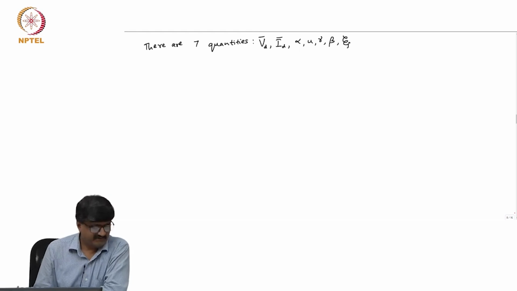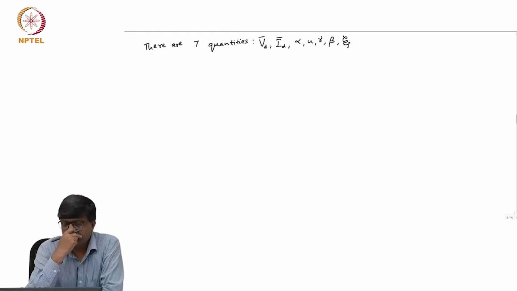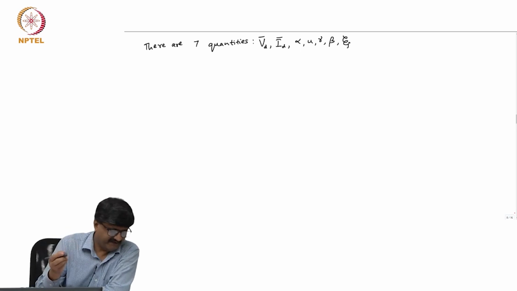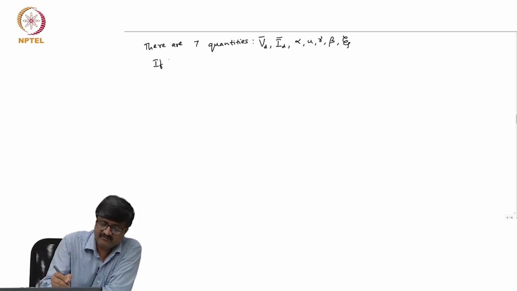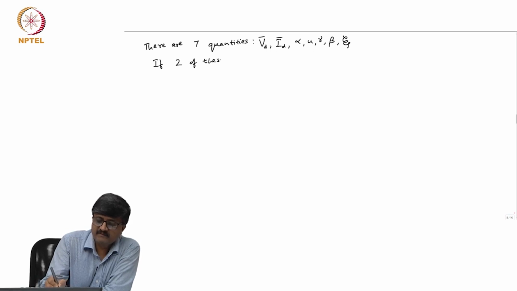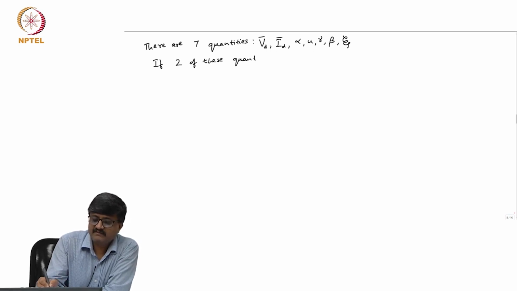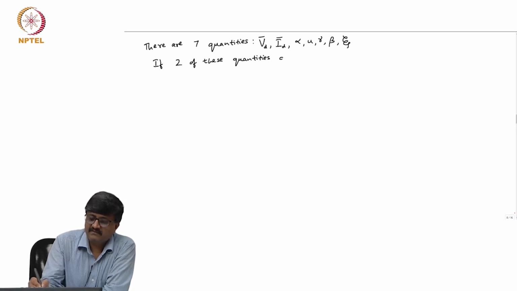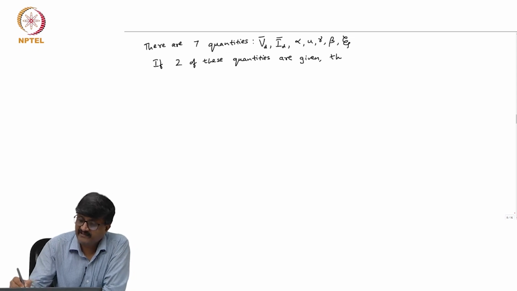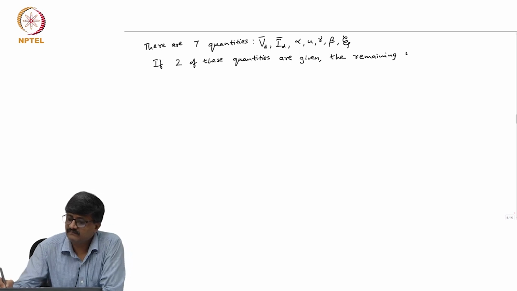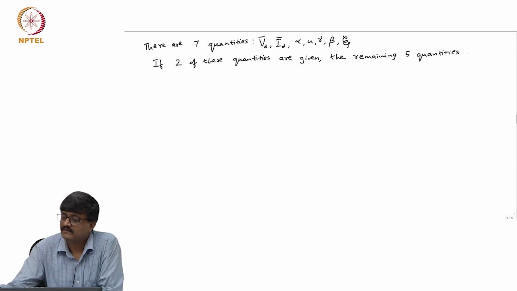Among these 7, if 2 of these quantities are given, the remaining 5 quantities can be determined.